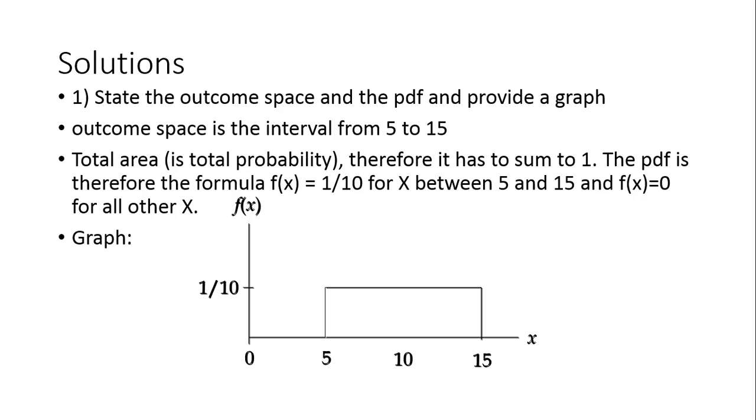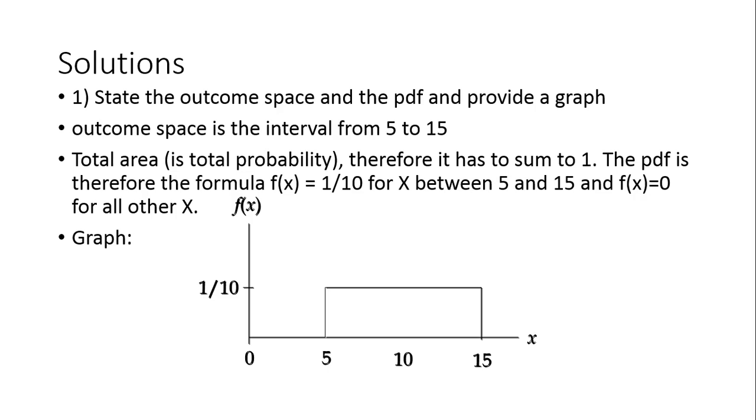The outcome space is the interval from 5 to 15. The total area, or total probability, has to sum to 1. So the PDF, f of x, is 1/10 for x between 5 and 15.